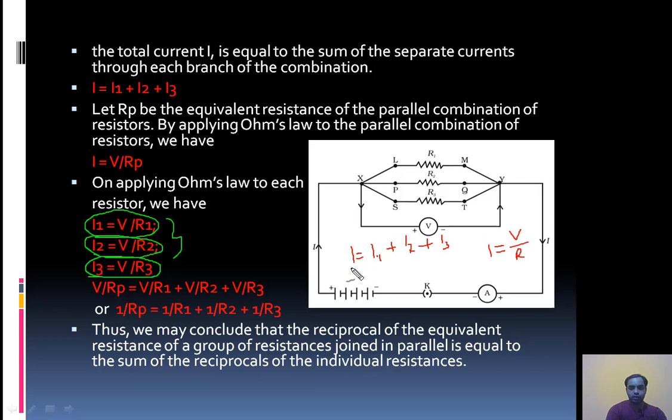So as we know that I equal to I1 plus I2 plus I3, in place of I it can be replaced by V by R. In place of I we can write V divided by R, in place of I1, V divided by R1, in place of I2, V divided by R2, in place of I3, V divided by R3. You can see it here.